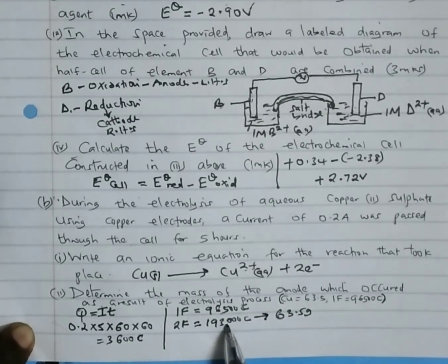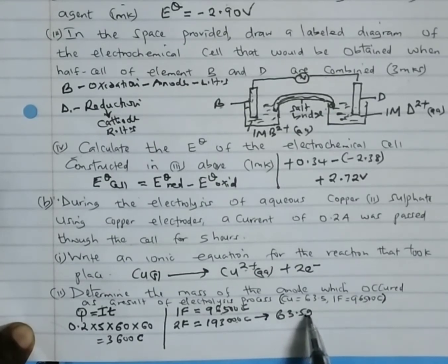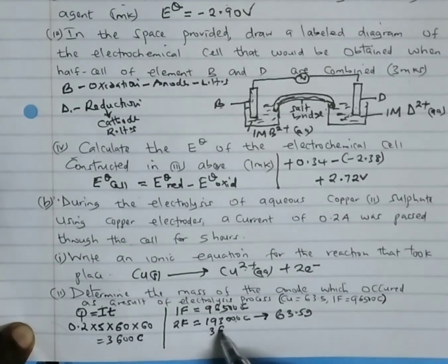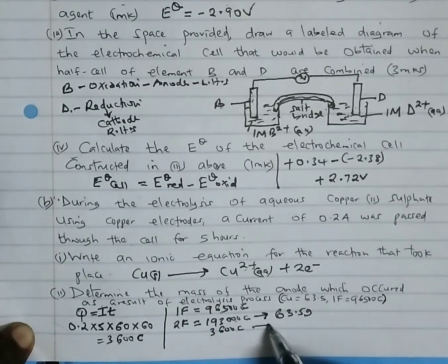If 193,000 coulombs will be required to deposit 63.5 grams of copper, what about 3,600 coulombs?